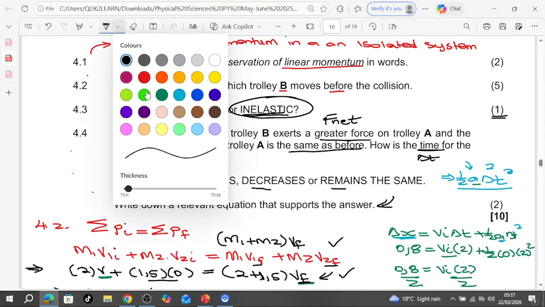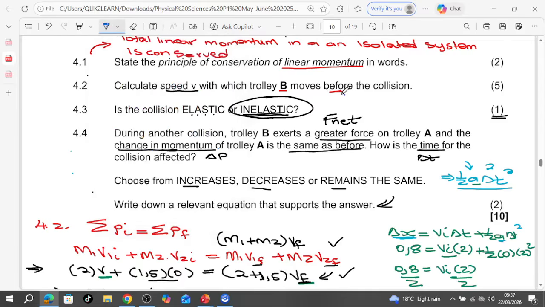Guys, can you see what I'm doing here? This is nothing but the best. Look at this, the way I'm teaching you how to answer questions. This is the best because look at this. 4.4. During another collision, trolley B exerts a greater force. We underline a greater force.